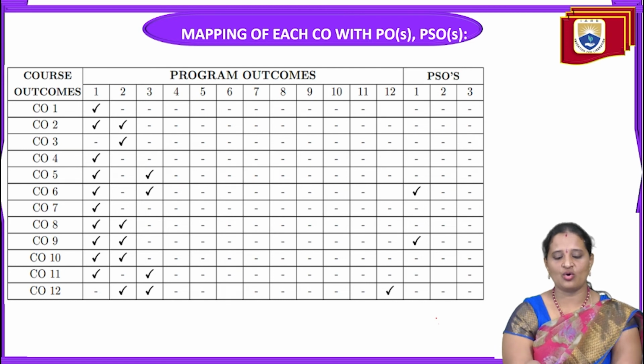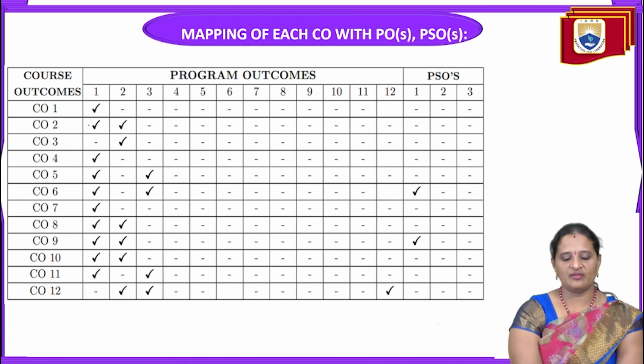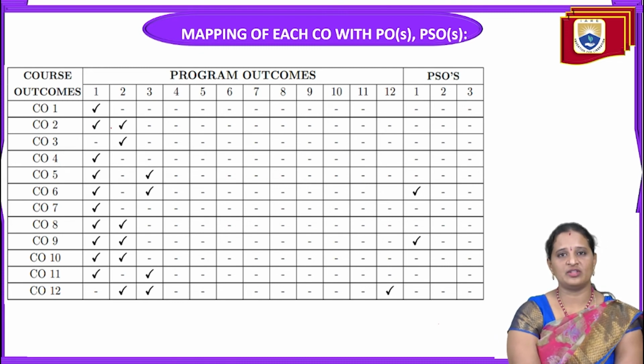So, this is a mapping of COs of analog and digital electronics with the POs and PSOs. If you take the CO2, that is mapped with PO1, PO2 and CO3 is mapped to PO2. And as we are not using any tool here, we are not mapping PO5.